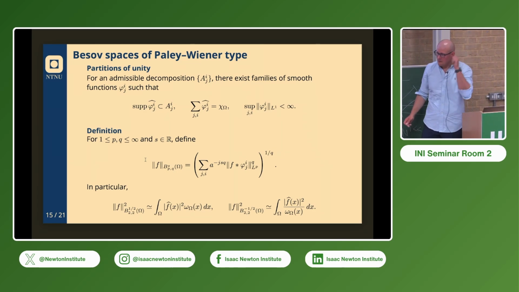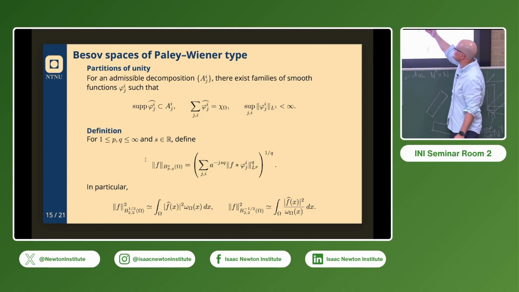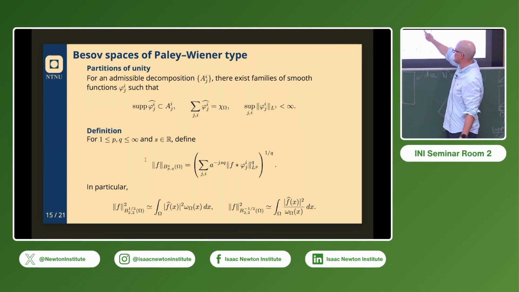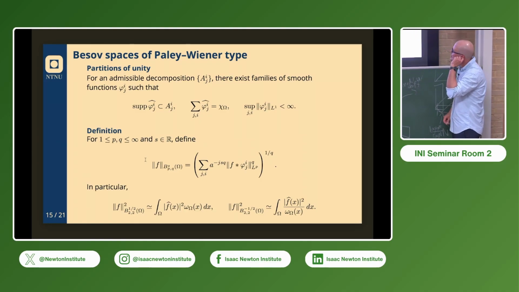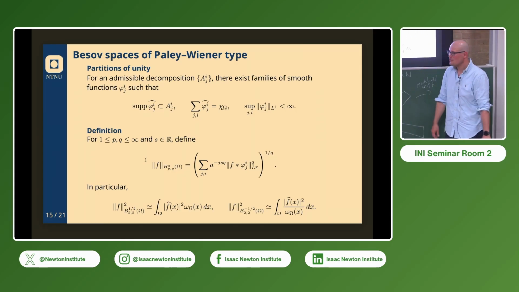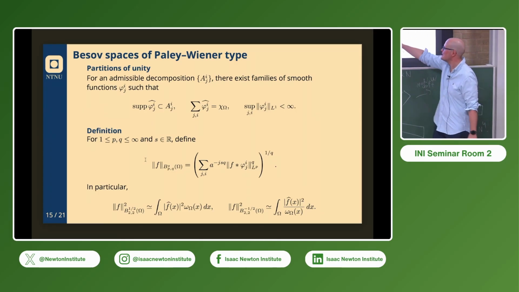And then you can define Besov spaces. Remember, a to the minus j is like the weight on the Fourier support on this thing. So here, a to the minus j is the weight on the Fourier side of this. So you define a Besov space that looks formally just like your usual Besov space with respect to these functions.